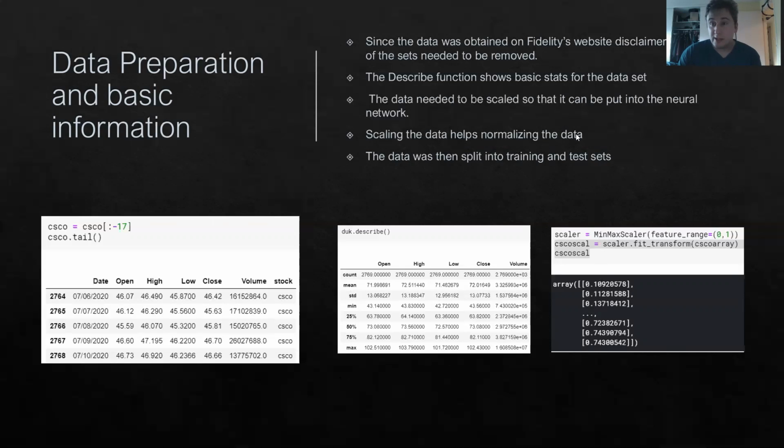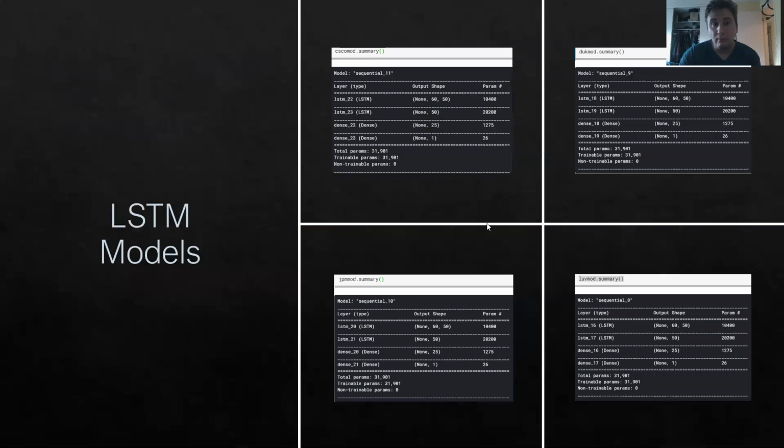One of the other things, to fit these into the LSTM models, is that we need to scale or normalize the data. It helps normalize this data so that the neural network can use it. Each one of these is a model that I created.